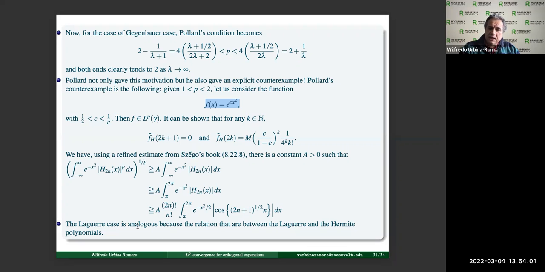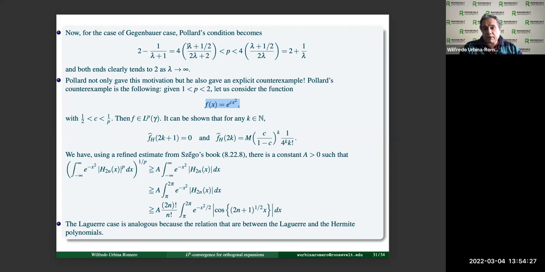And the Laguerre case is analogous because there is a tight relation. Hermite polynomials can be obtained from the Laguerre polynomials with a well-known formula in the context of the orthogonal polynomial theory.